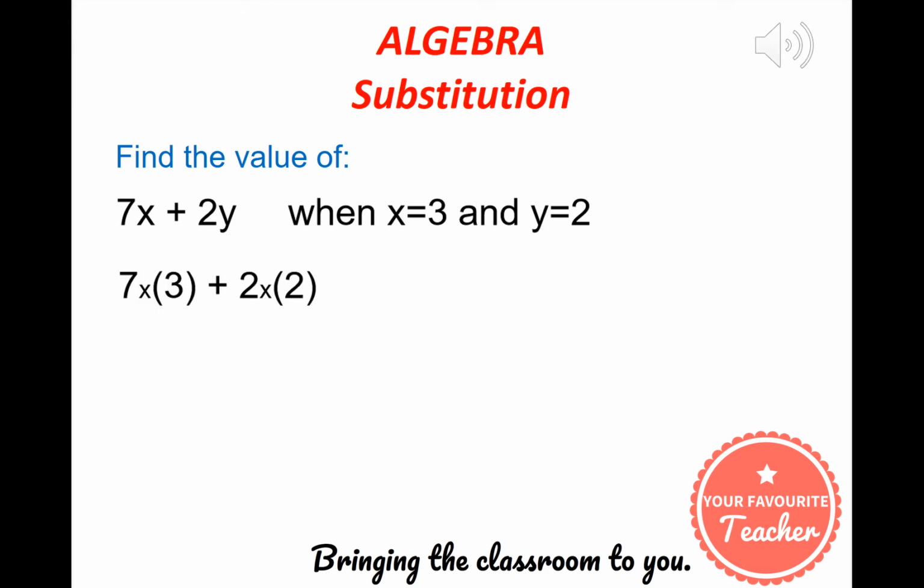So that's what our calculation should reflect. So 7 times 3 plus 2 times 2, that should give us 21 plus 4, which is 25. Make sure to do the multiplications before your addition.